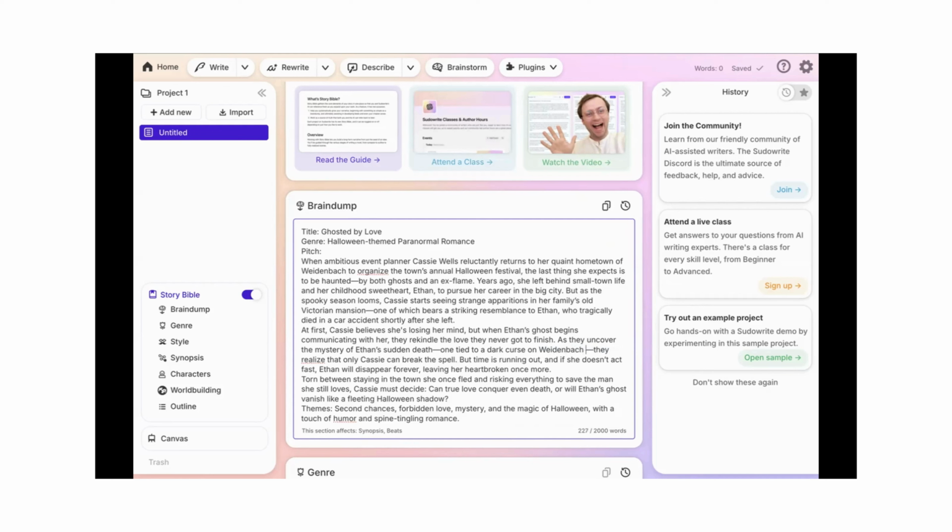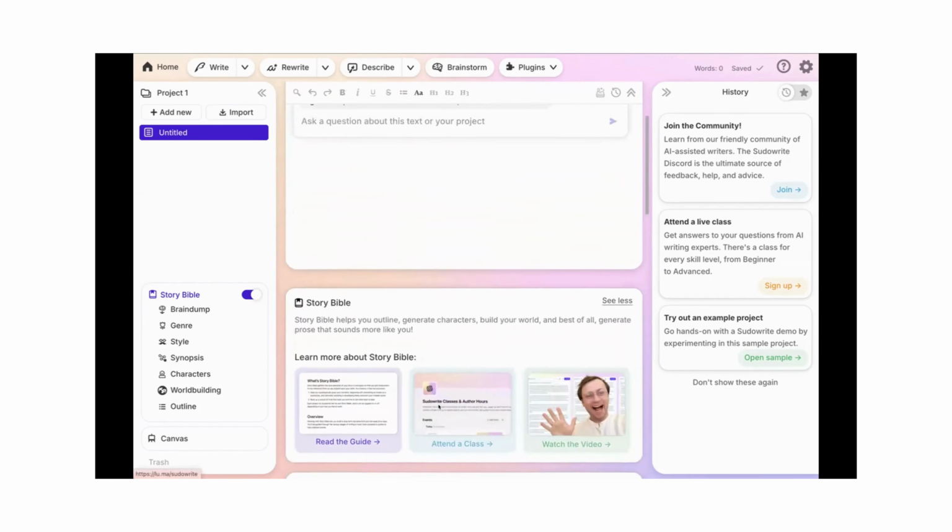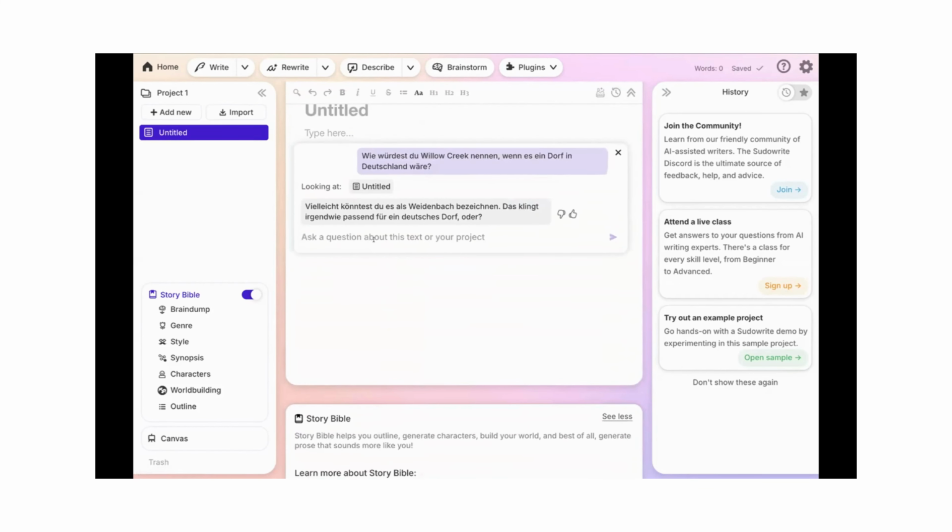Let's see. Okay, old Victorian mansion, a bit. Also something we could ask. You wouldn't call a mansion in Germany Victorian, so we need an equivalent. Maybe there would be like a Bavarian mansion.